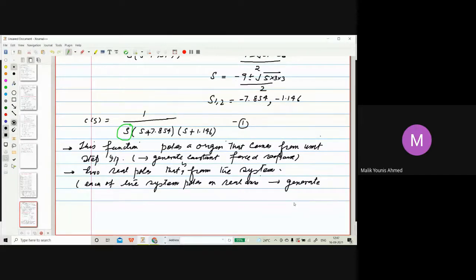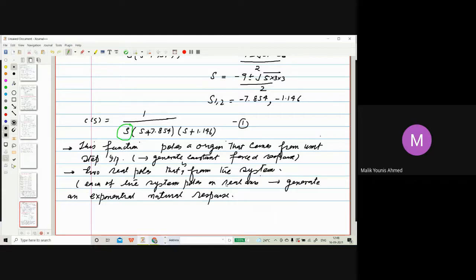But here an addition will be that it will generate an exponential natural response.